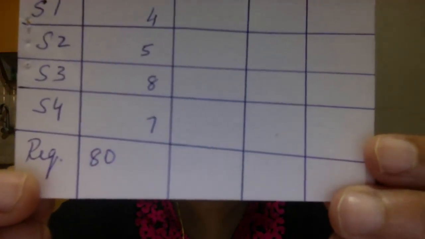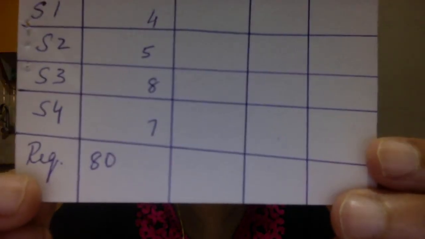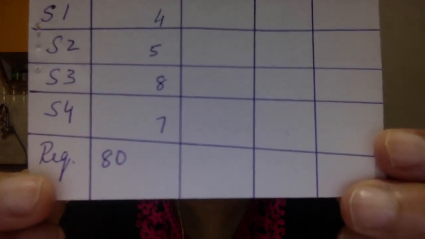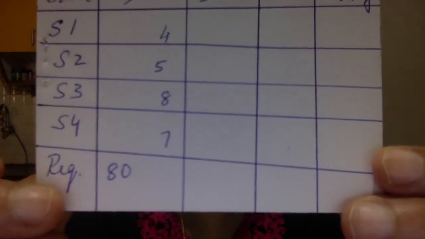Okay. So I will write D1 first: 4, 5, 8, 7. And total is 80. Right? Now I'll write D2: 6, 7, 9, 8. And total is 70.